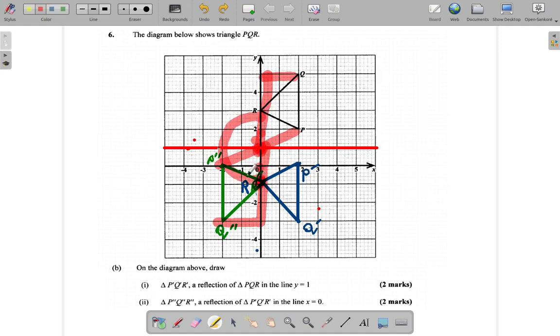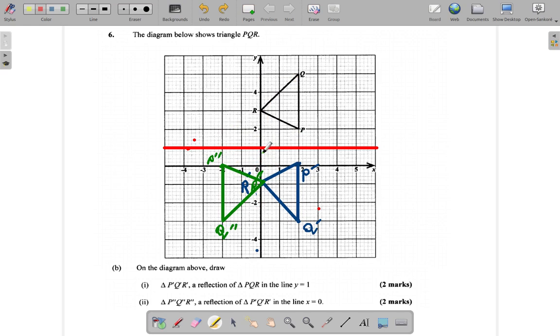You could do it by rotation of 180 degrees clockwise or anti-clockwise, doesn't matter, around the point 0, 1. Could map the double prime onto the original triangle. Do you see that? You could very well do that.